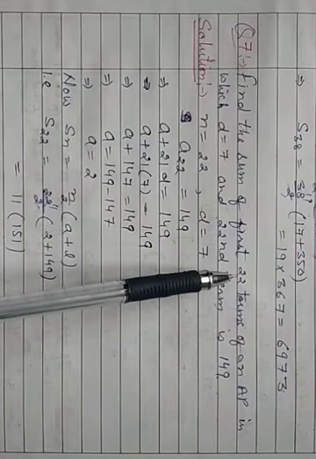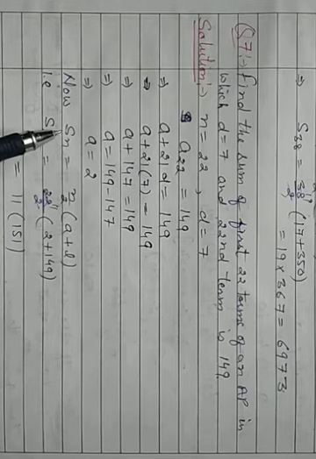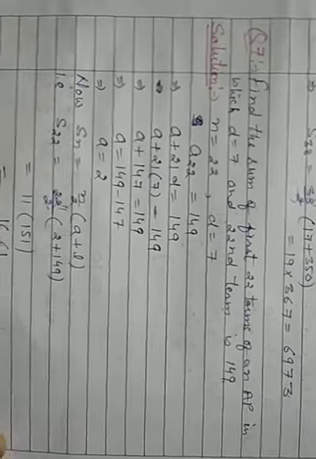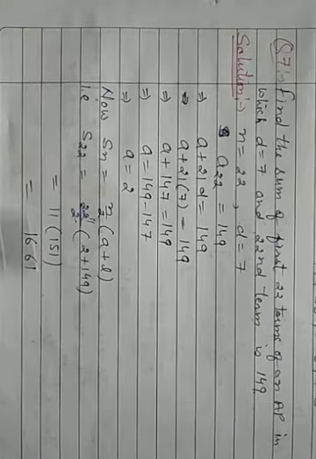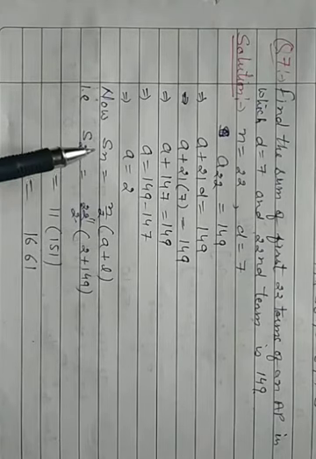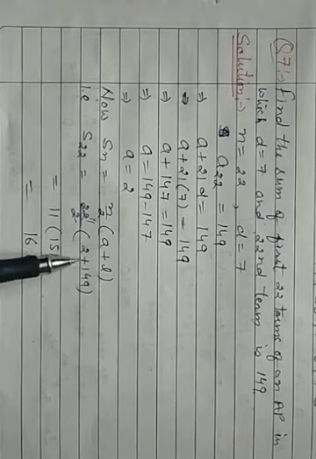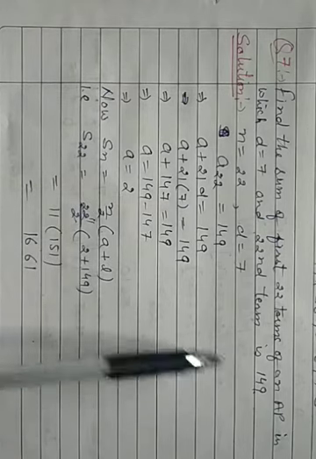Now we have to find the sum of 22 terms. For the sum we have the formula Sn is equal to N by 2 into A plus L. N is 22, so 22 by 2, bracket A, first term, 2 plus L, last term, 149.